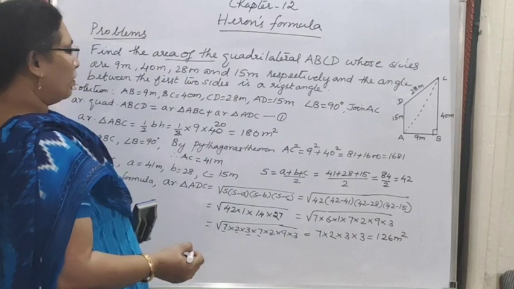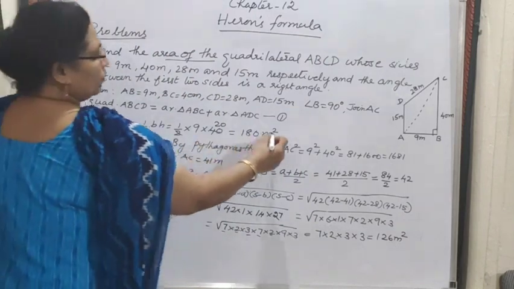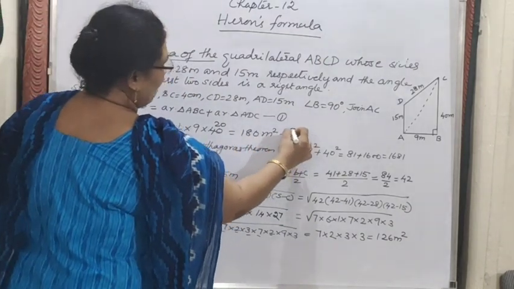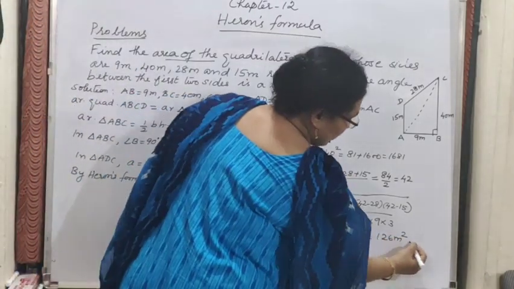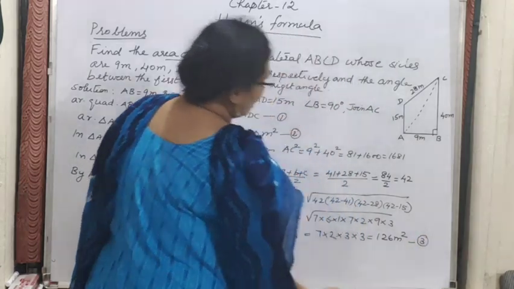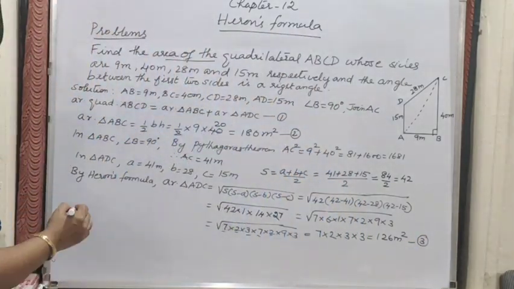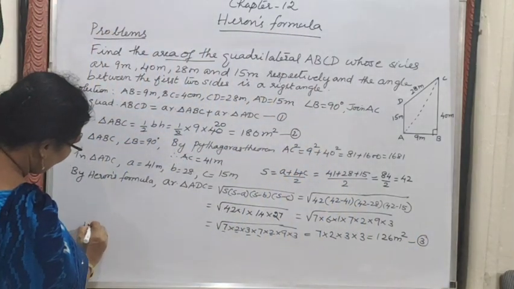Here I'll make it equation 2, because area of the triangle ABC I got earlier. Now I got triangle ADC, that is equation number 3. So using 2 and 3 in 1, that is the next step.